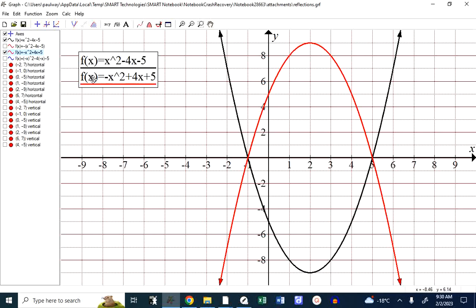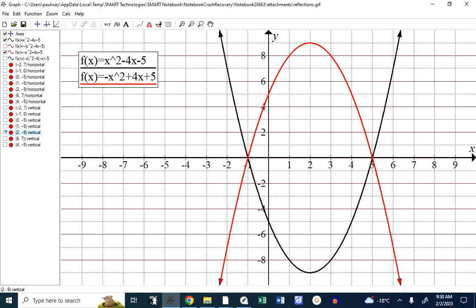The reflected function, or the new function, I guess, is y equals negative x squared plus 4x plus 5. And you can see it's reflected vertically. So for example, the vertex of the original parabola is at the bottom of the screen. That's a red point. And the vertex of the new one is at the top, and it's the same distance away. On the other hand, the y-intercept switches.